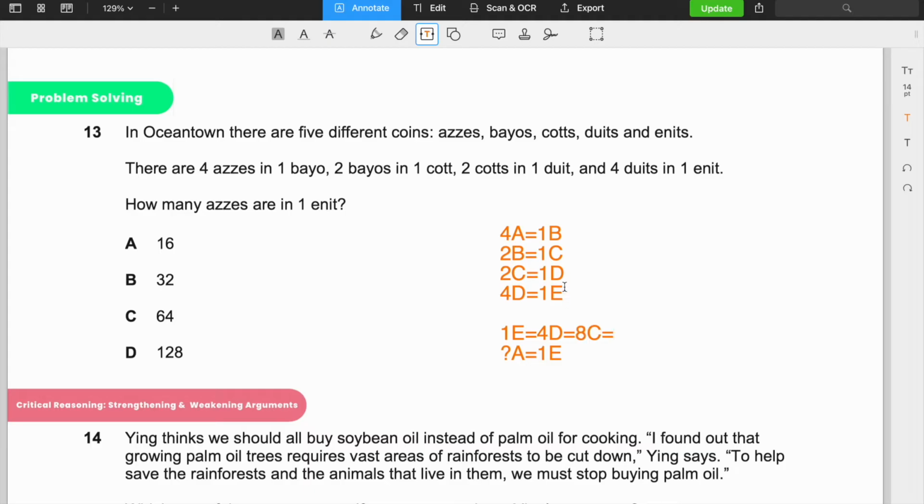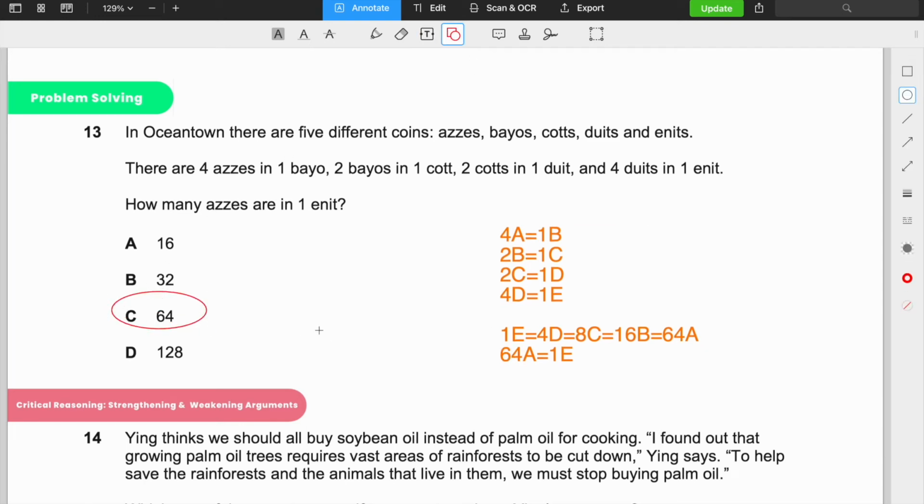And then we also know that 1C equals 2B, so 8C is equal to 8 times 2B, which is equal to 16B. And then if you go to B, we have 1B equals 4A, so 16B equals 16 times 4A, which is equal to 64A. So the answer to our question, how many A's are there in 1E, is 64.